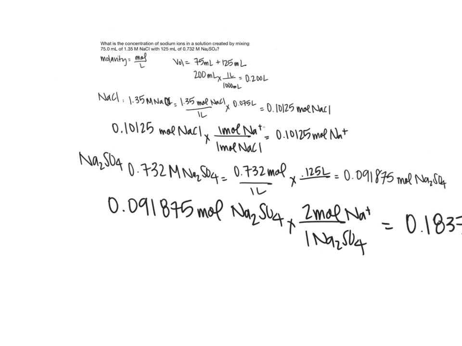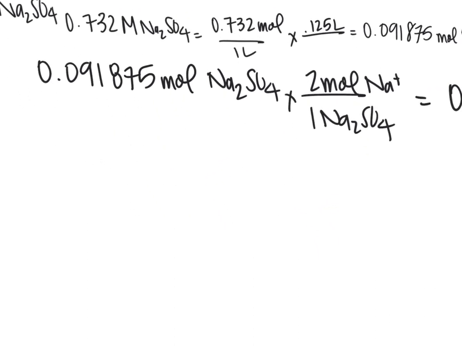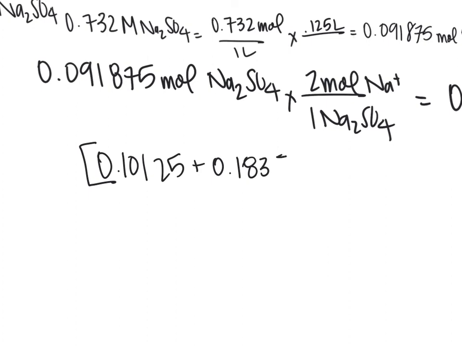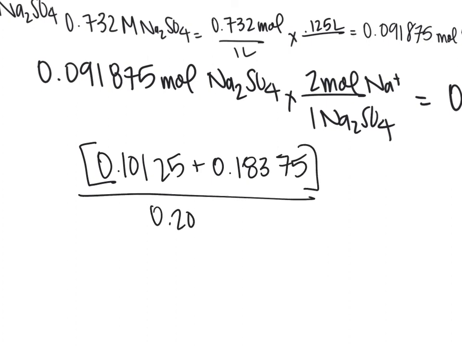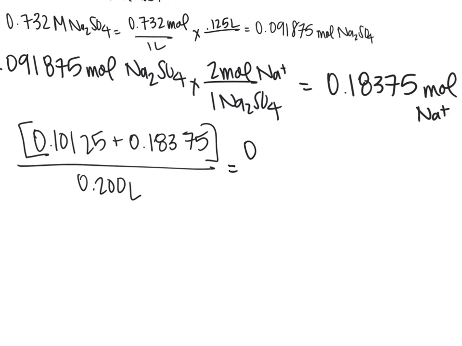So the molarity is still moles divided by liters. In this case, we're going to take our sodium moles, 0.10125 plus 0.18375, divided by 0.200 liters, which is 0.285 divided by 0.200 liters.